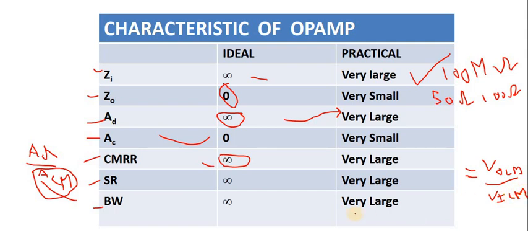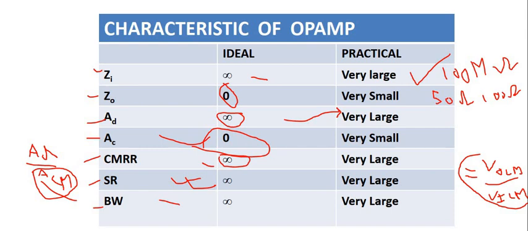So your common mode gain should be zero or as low as possible, and ACM is equal to the output common mode voltage divided by the input common mode voltage. Now next is the slew rate, the rate of change of output voltage with respect to time. I will cover this in detail in a later part of this video. Then bandwidth. Now what is bandwidth?